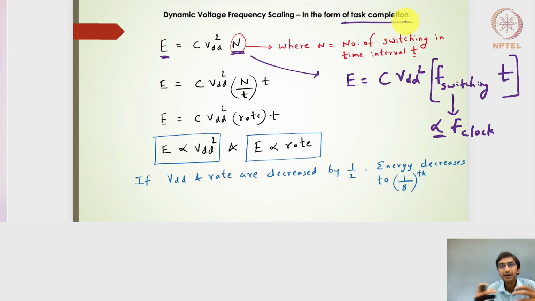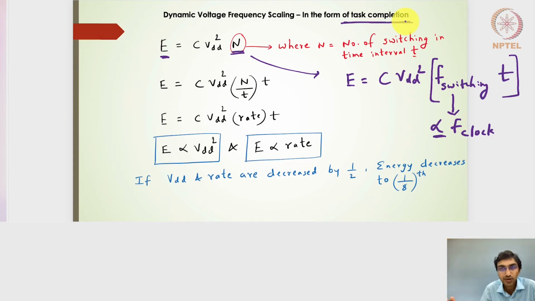It could be many output nodes, or it could be a single output node in a large digital circuit design. But if I can characterize a particular task to be completed with such and such number of switching in the specific nodes, or in all the nodes, or in one particular node, then I think we can define the energy delivered by the VDD for a particular task.